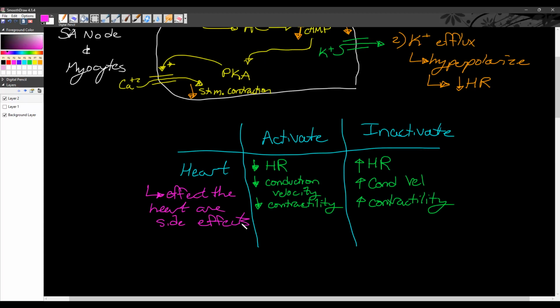So if you're going to be using a muscarinic agonist or antagonist, and we're talking about the heart, we're only talking about them in terms of side effects, that sort of thing.